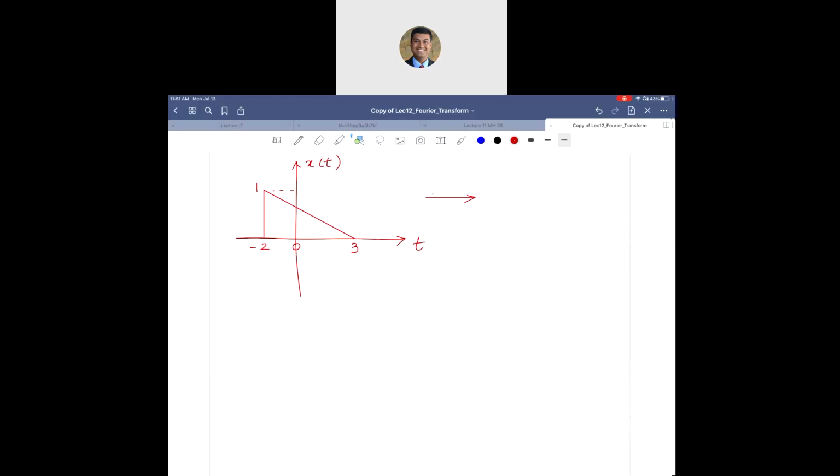Fourier transform pair. Magnitude of X of omega, omega 0. What is the value here? What is the value on this? Alan says 2.5.